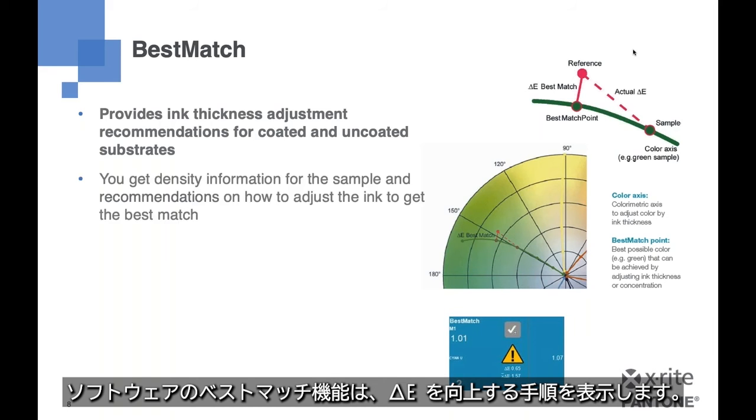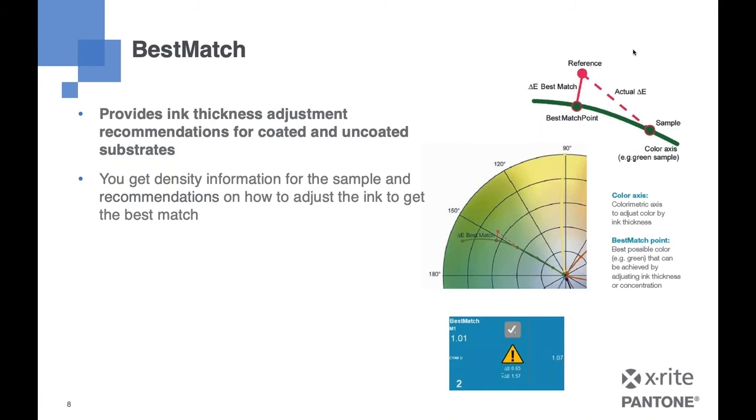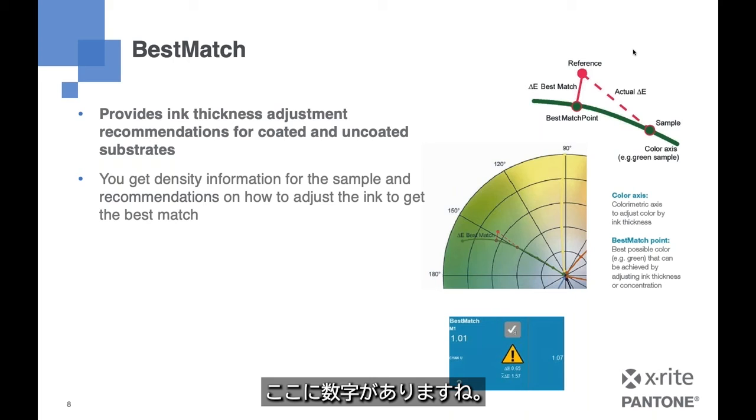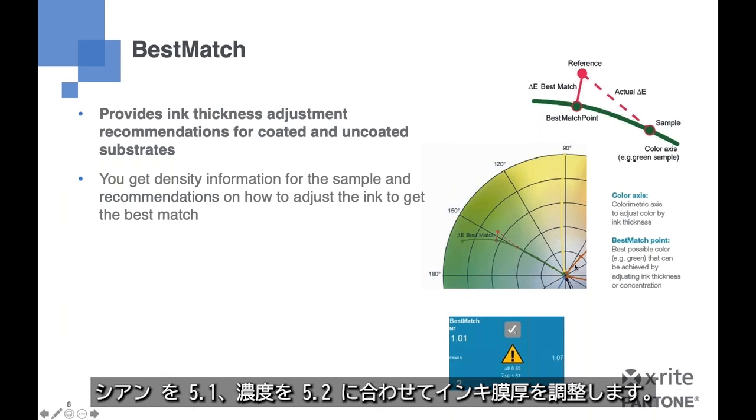The software, the best match function, tells the press operator, to improve your delta E, you need to adjust your ink thickness, and there's a number, for example, you need to adjust the density, the ink thickness for cyan by 0.1 or by 0.2 density.